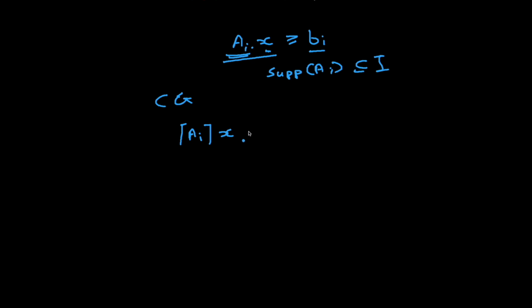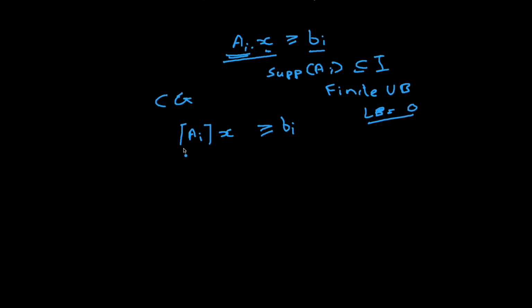This is still greater or equal to b_i. For now, we are also going to assume that all of our variables have finite upper bound and their lower bound is equal to 0. If this is not the case, we can always shift our variables so that their lower bounds are equal to 0.